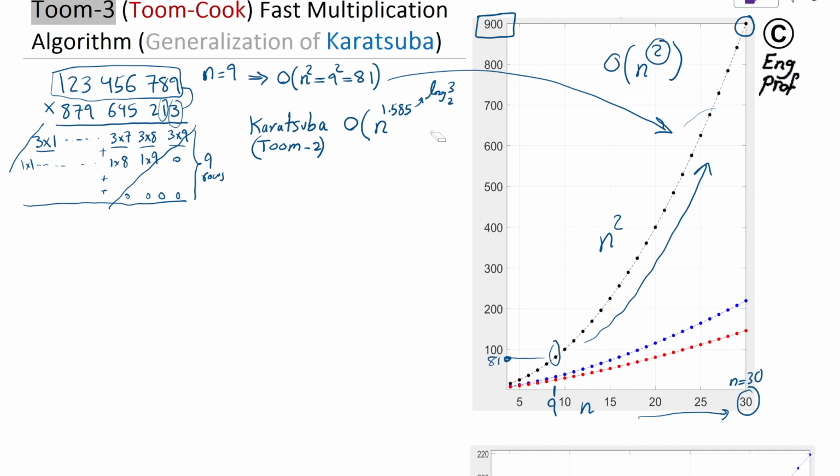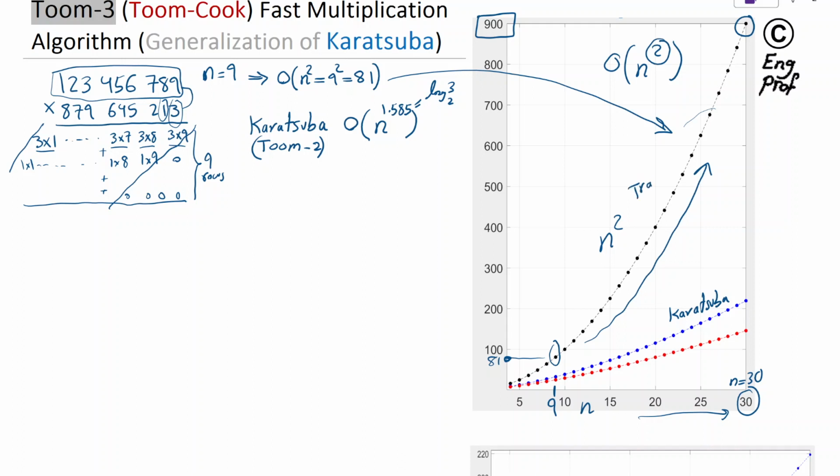That's exactly equal to 1.585. So that is the big O complexity of Karatsuba that is highlighted in the blue curve. As you can see, for the Karatsuba or Toom-2, the complexity is substantially reduced compared to the traditional method.